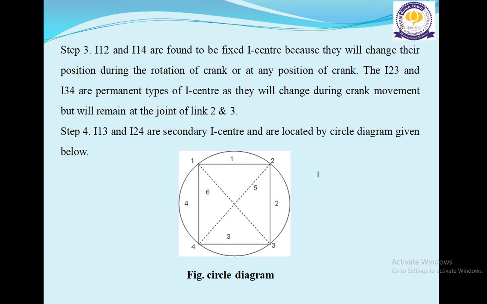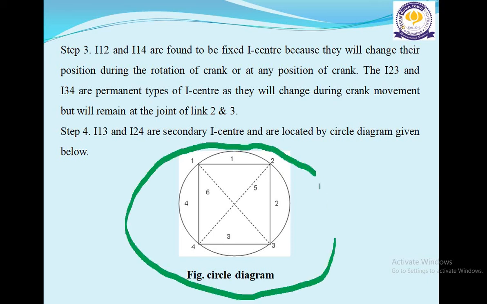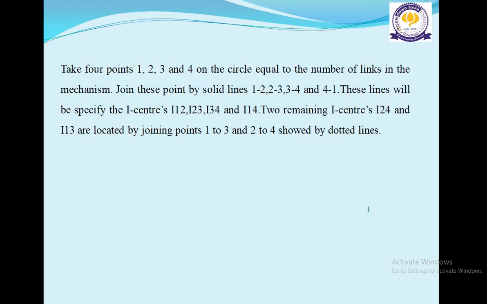Here in this figure you can see the circle diagram where the points 1, 2, 3, 4 are denoted, and the lines 1, 2, 3, 4, 5 and 6 are named. Take 4 points 1, 2, 3 and 4 on the circle, equal to the number of links in the mechanism.